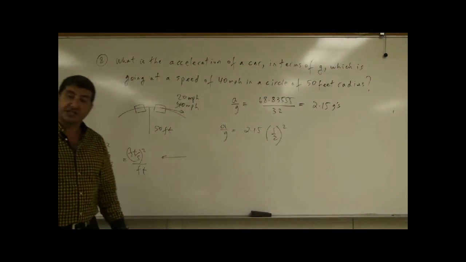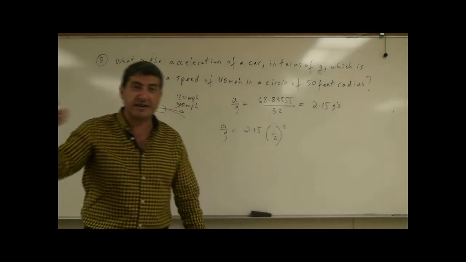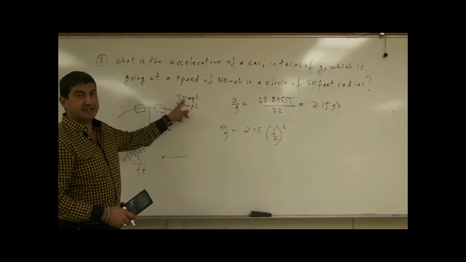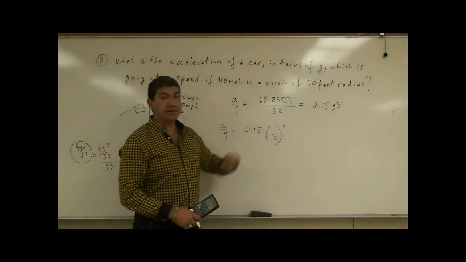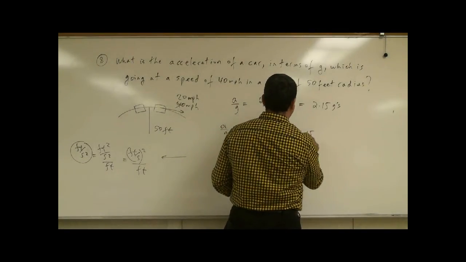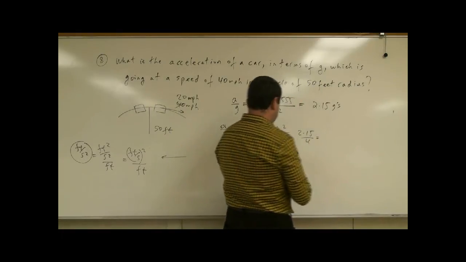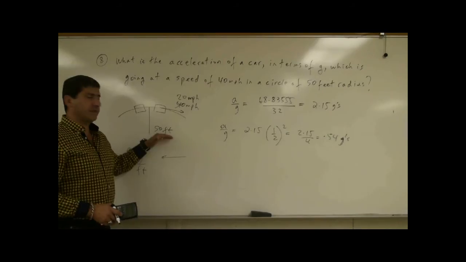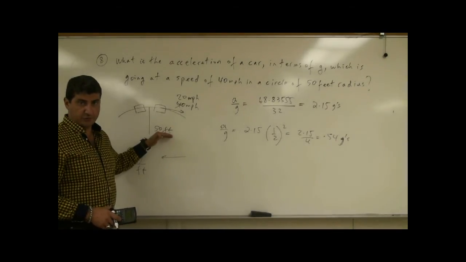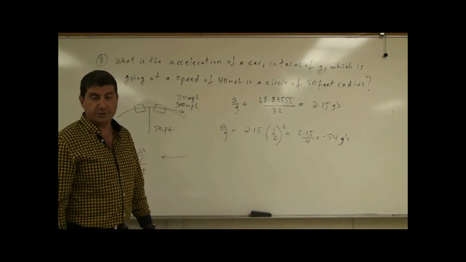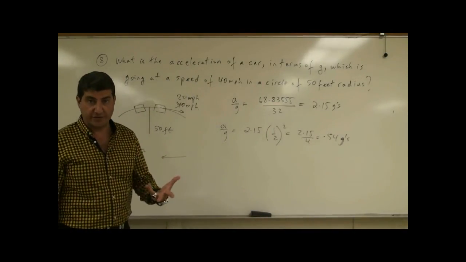Since acceleration is velocity squared divided by radius, if I make the velocity half, then I have to square that, half squared. So this is going to be 2.15 over 4. Going 20 miles an hour around a 50-foot radius is more manageable. That's only about half a g. You're experiencing half of the acceleration of gravity.